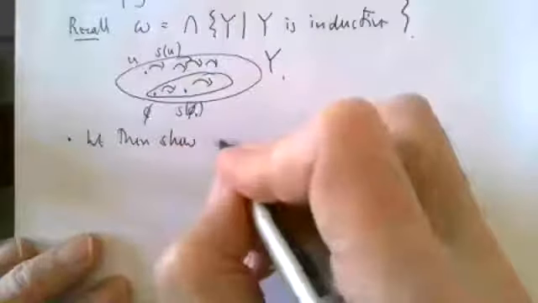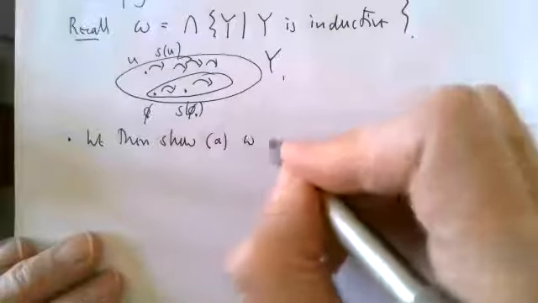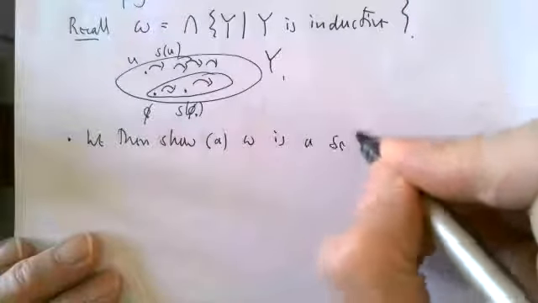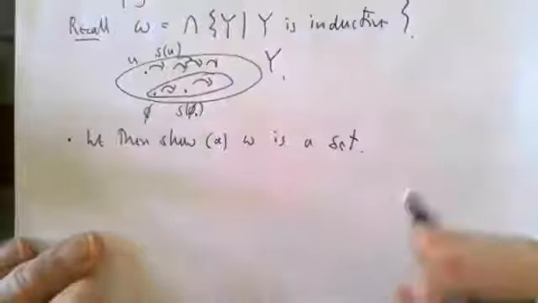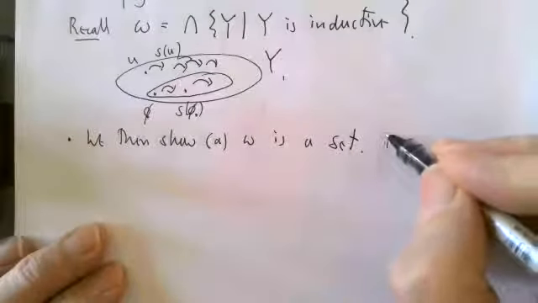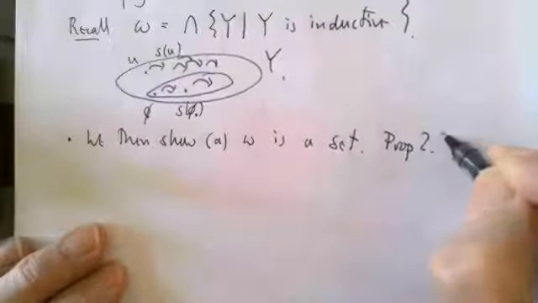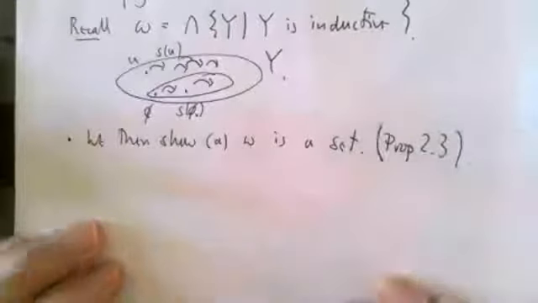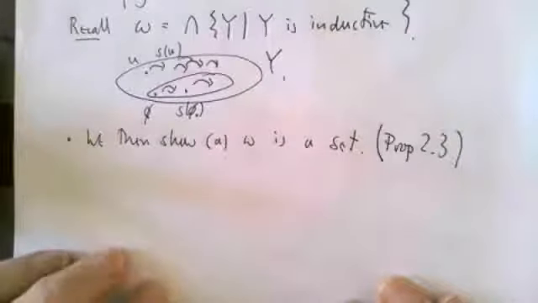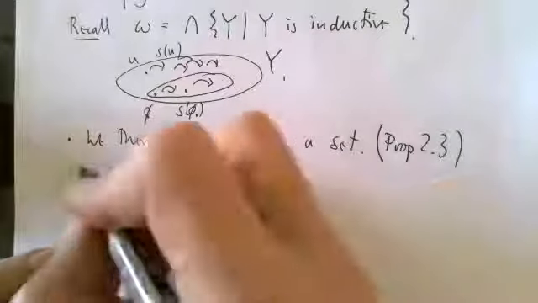So we show two things, right? Omega is a set. This is proposition 2.3. And then we show that it's inductive.